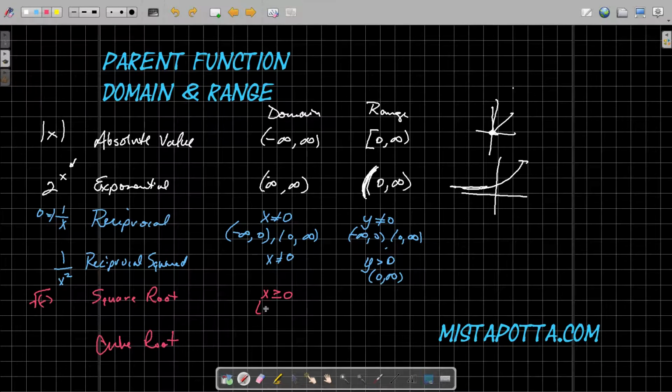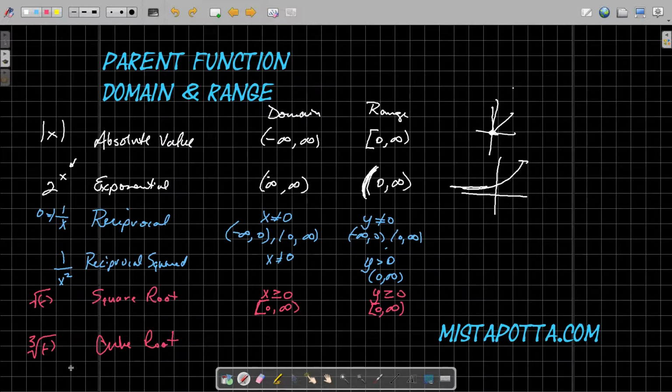So in other words, we're going from 0 to infinity, but we can actually hit that value of 0. For our range, the same thing happens. I can't get a negative number out of a square root, so y has to go from 0 to infinity, inclusive on the 0.